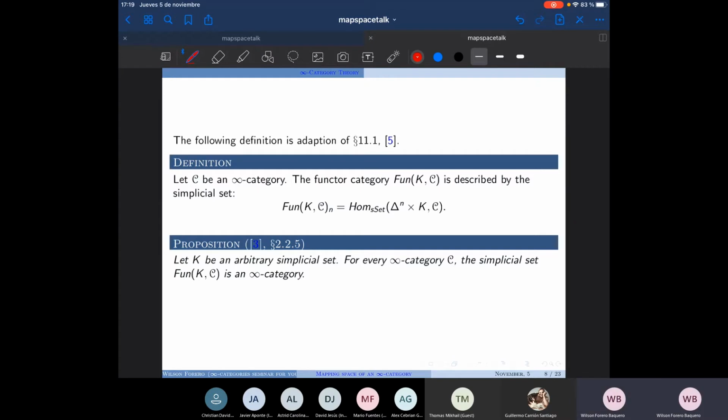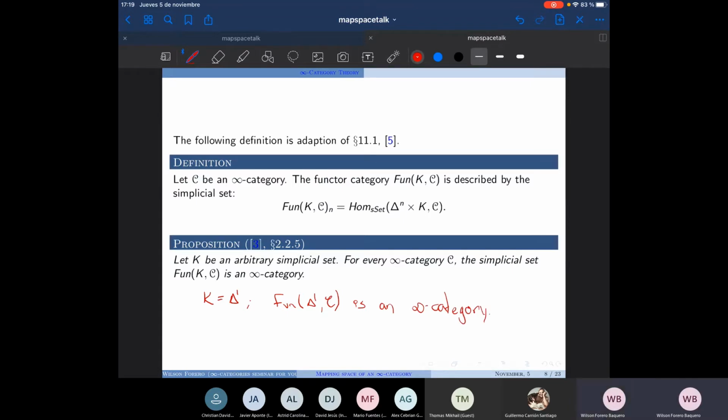Okay, so we will use the following case when K is equal to Delta 1. This means that the functor category from Delta 1 to C is an infinity category.